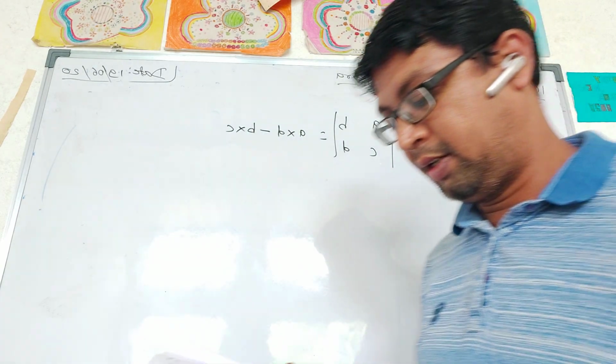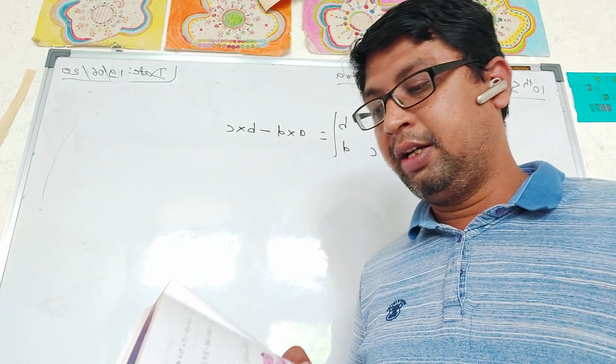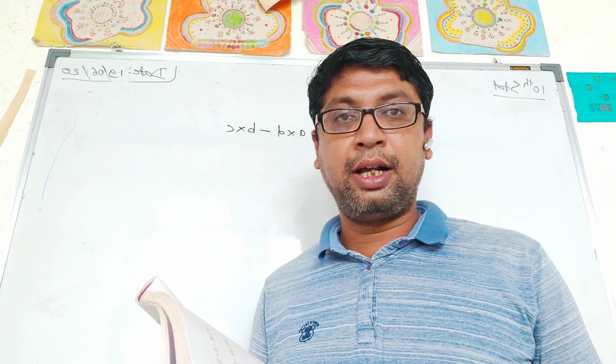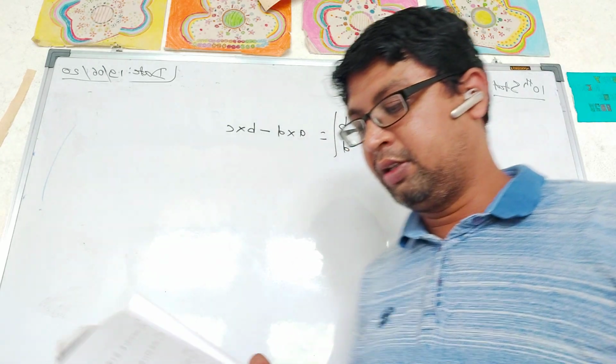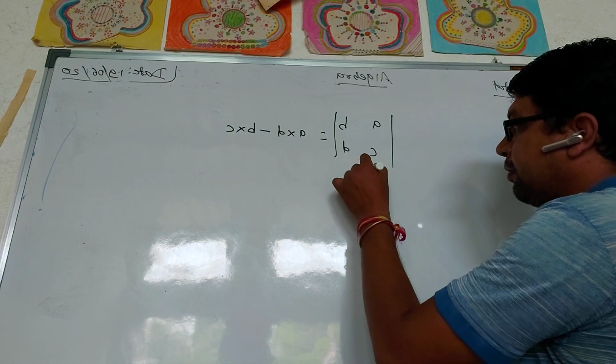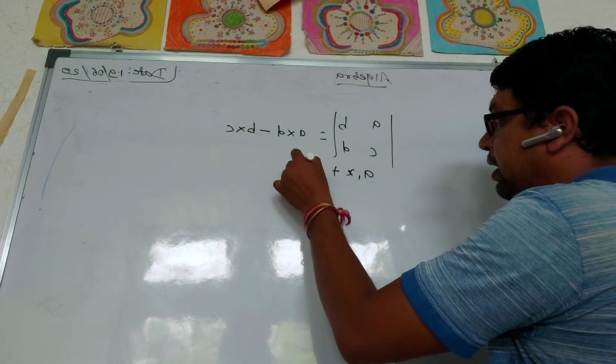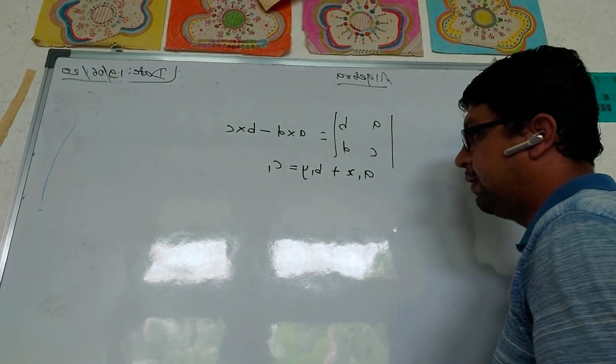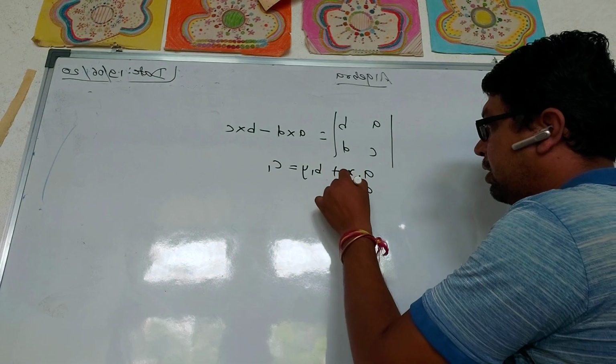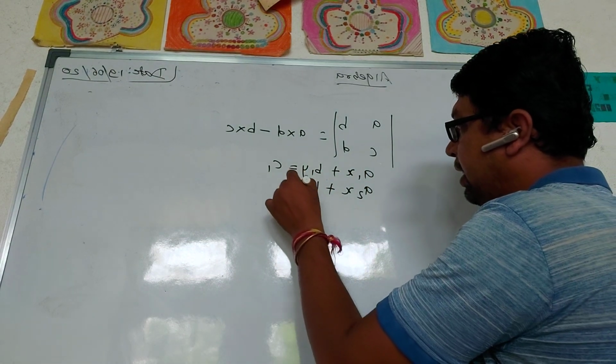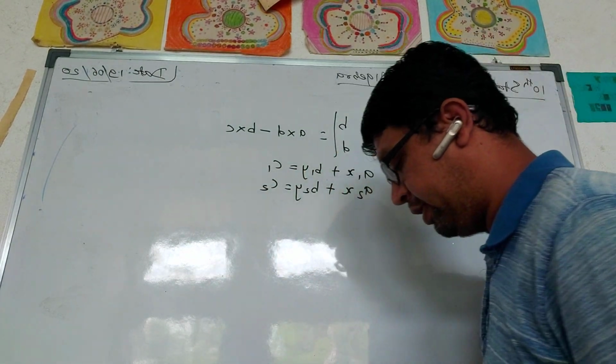to find the values of x and y, the determinant method is there, that is called Cramer's rule. Suppose a1x plus b1y is equal to c1 is the first equation, a2x plus b2y is equal to c2 is the second equation.